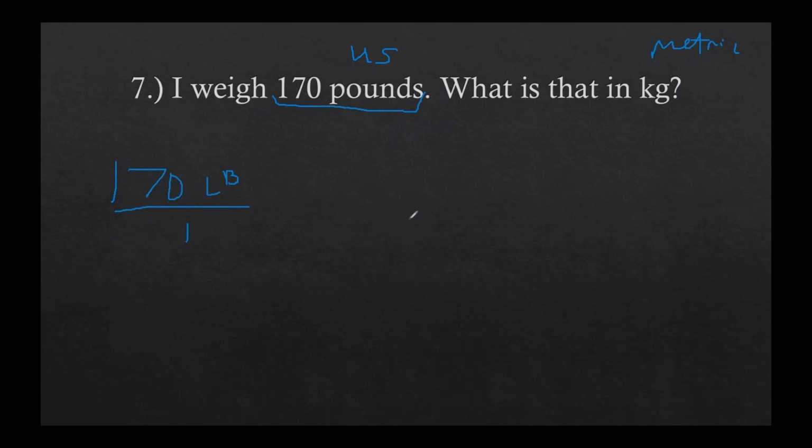Because when you're jumping across the pond, you're using metric or US customary, so you're going to have to use identity ratios. Now, if you look at the weight in this formula sheet, you will notice that 1 pound is 0.4536 kilograms.